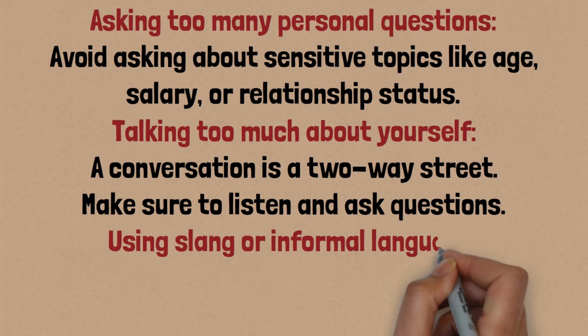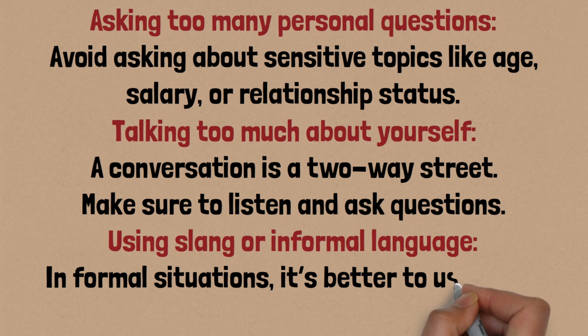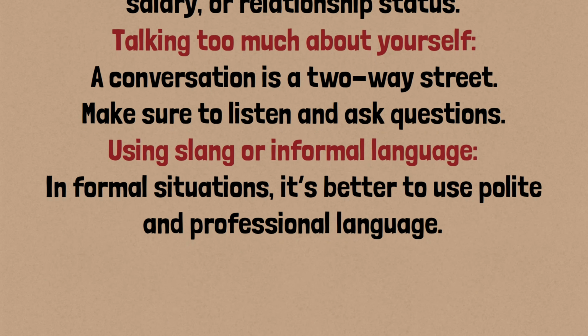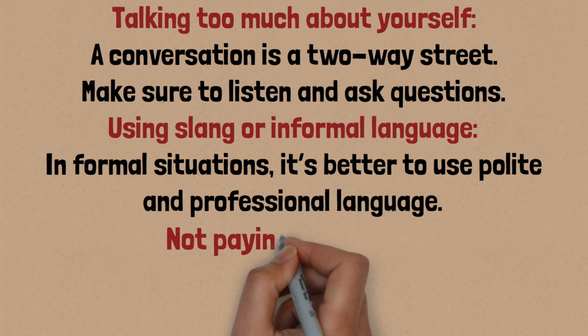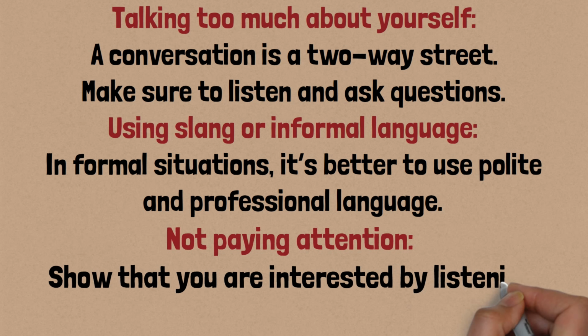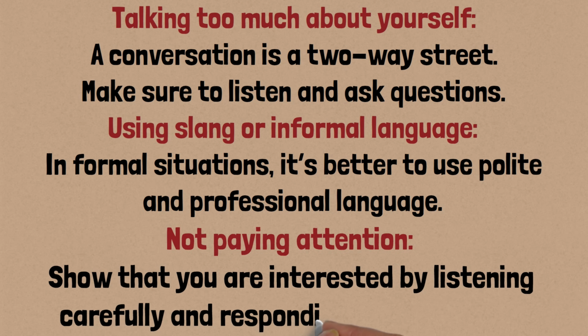A conversation is a two-way street. Make sure to listen and ask questions. Using slang or informal language. In formal situations, it's better to use polite and professional language. Not paying attention. Show that you are interested by listening carefully and responding appropriately.